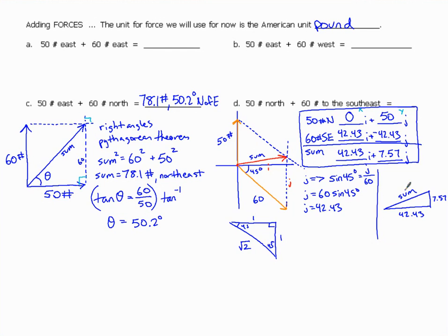So when we want to find the sum, again, this is a right triangle. We can use the Pythagorean theorem. So the square of the sum equals 42.43 squared plus 7.57 squared. And so we solve for it and we find that the sum equals 43.1.